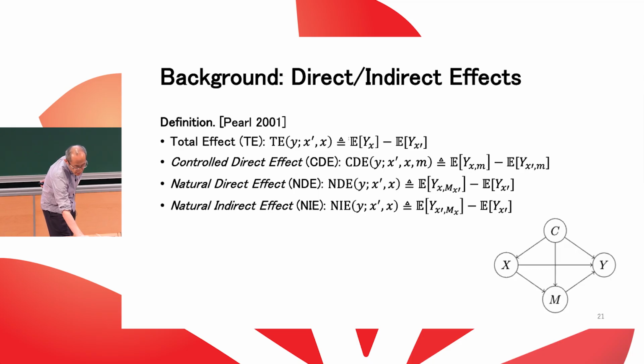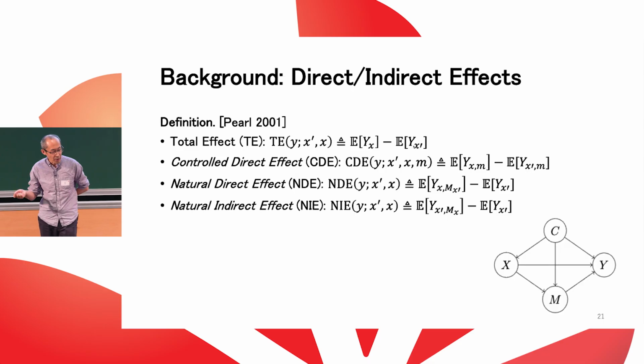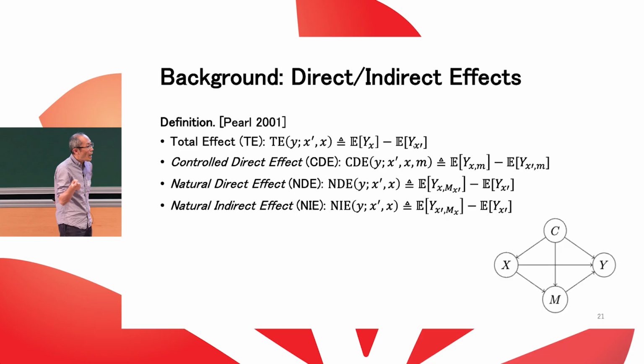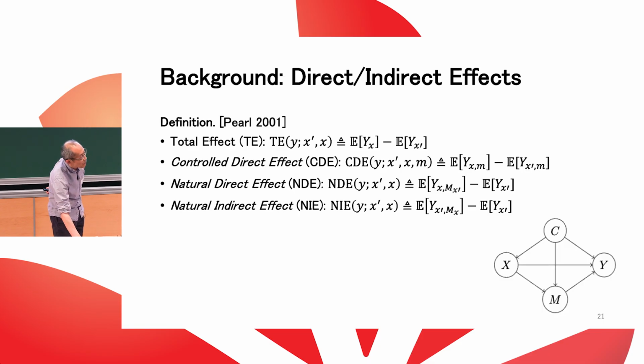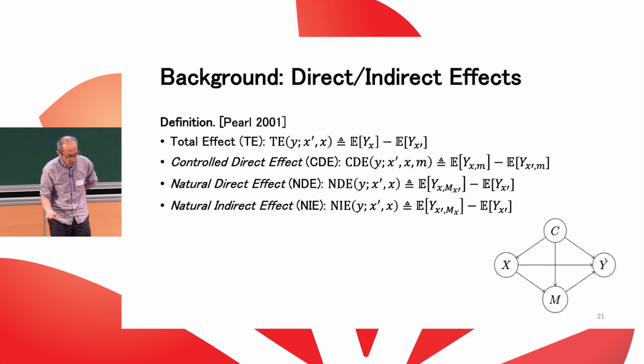Now first, normally people just compute the so-called average causal effect. That's the potential outcome of Y under intervention of x minus the potential outcome of Y under the intervention of x prime. You compute the difference, compute the expectation. So that's the typical average causal effect. Here we'll call this the total effect, since it includes the effect both through the direct path and the indirect path.